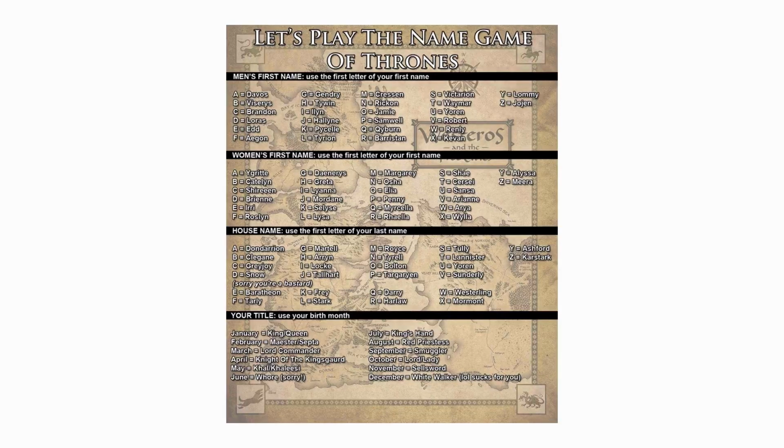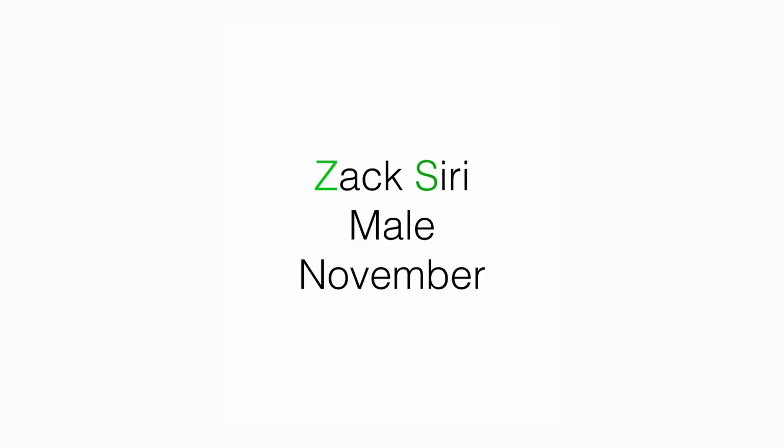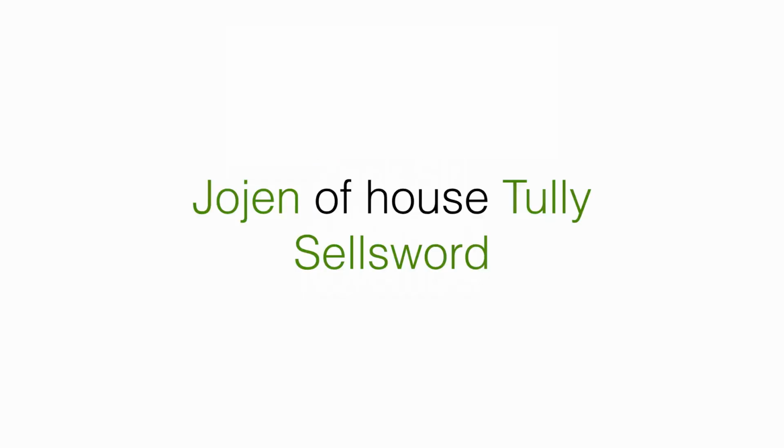Because Z equals Jojen in the top chart right there. My house name is apparently Tully, right? So I was born in November, so I'm going to be a sellsword. Basically, I'm going to be a sellsword in House Tully, and my name is Jojen. That's essentially it, right? So I'm Zaxary, male, November, and that's the answer that I would get.